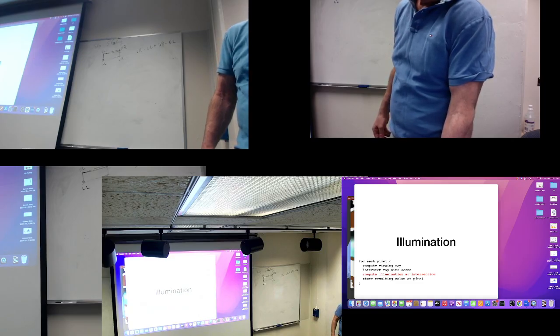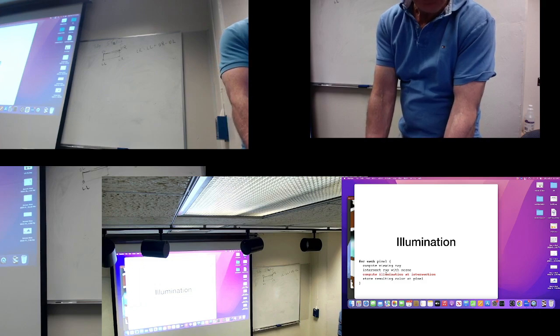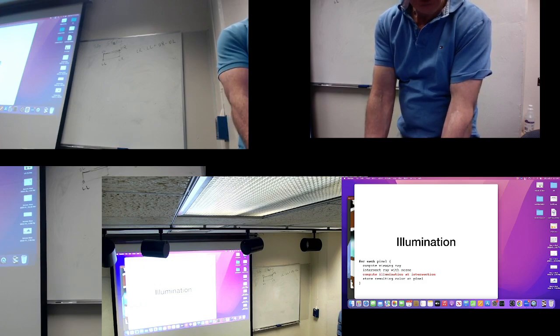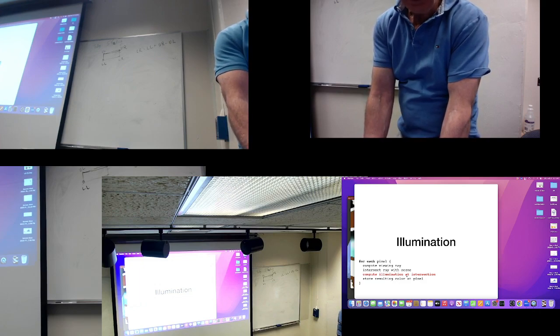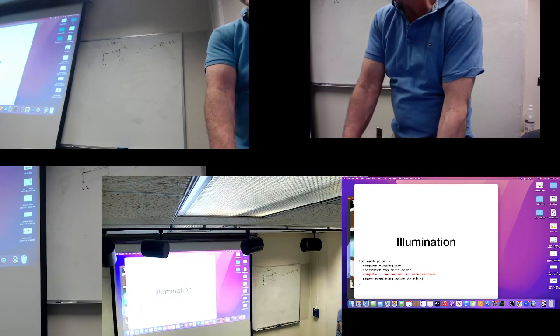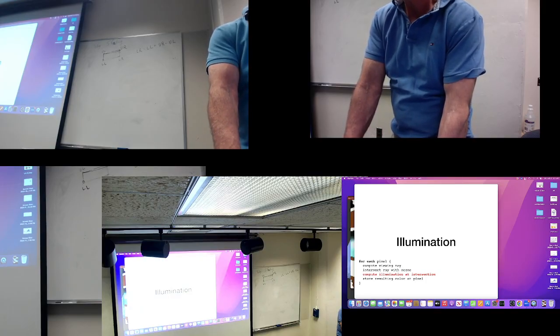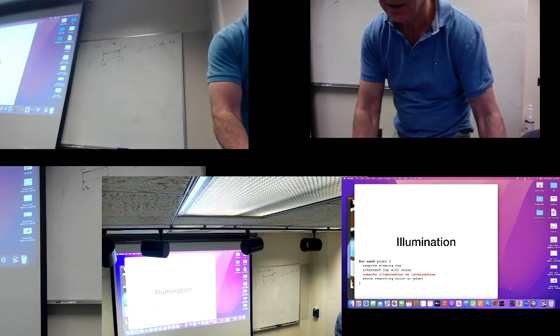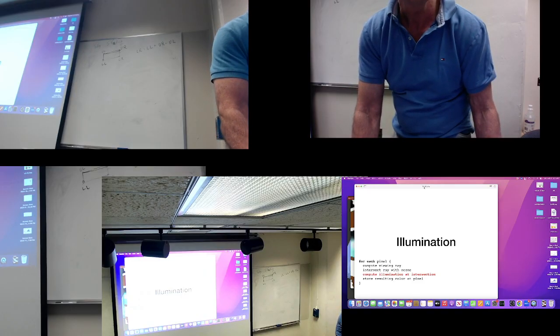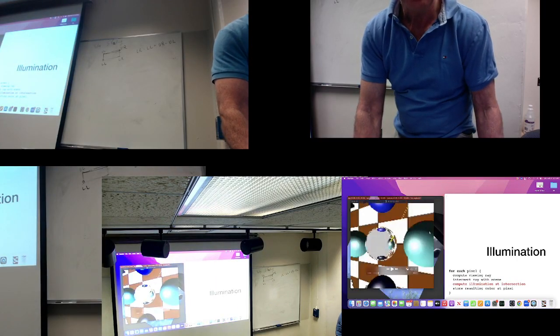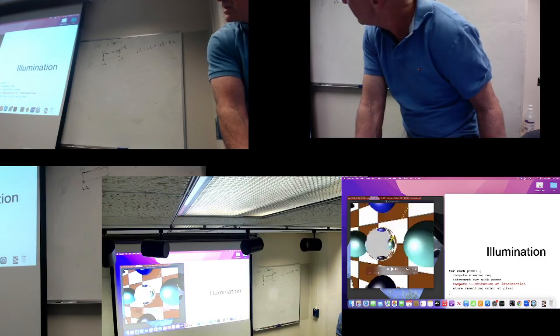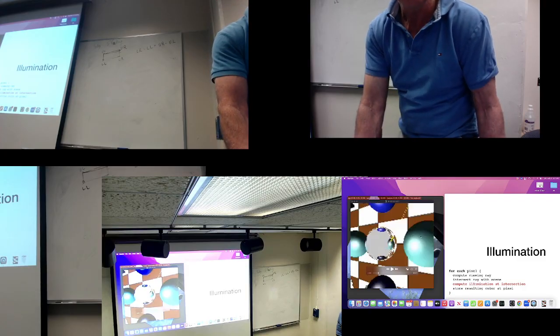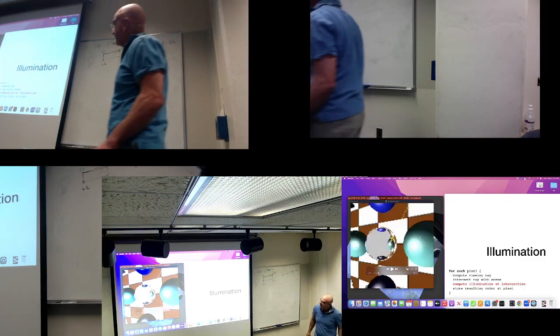For each pixel, compute the viewing ray as we had before. And now, in addition, I want to compute the illumination at the sphere where my ray hits. I want to know that this point of the sphere is darker than this point of the sphere.